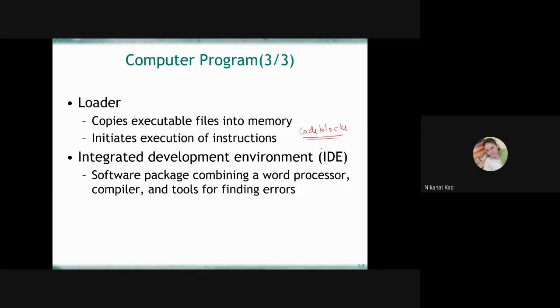IDE is an integrated development environment, which I had also highlighted in our very first common lecture. It is a complete package of a word processor, a compiler, and different tools for finding errors, so debugging and all can be done. You need to find the bugs which are there in your program.